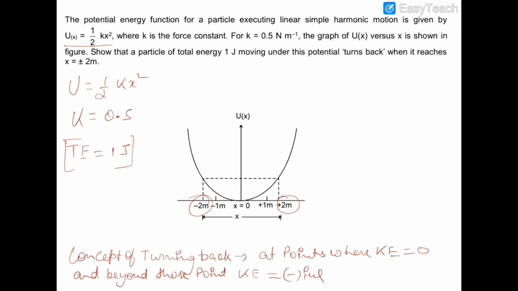The particle cannot go beyond those points where the kinetic energy is 0 and beyond them the kinetic energy is negative, because negative kinetic energy is not possible.